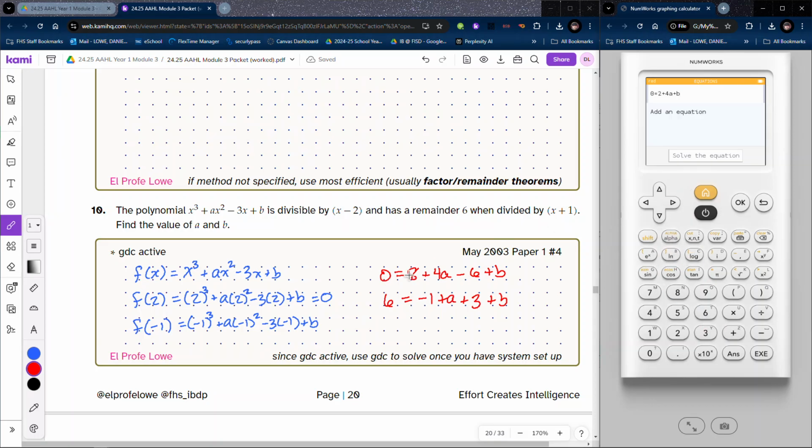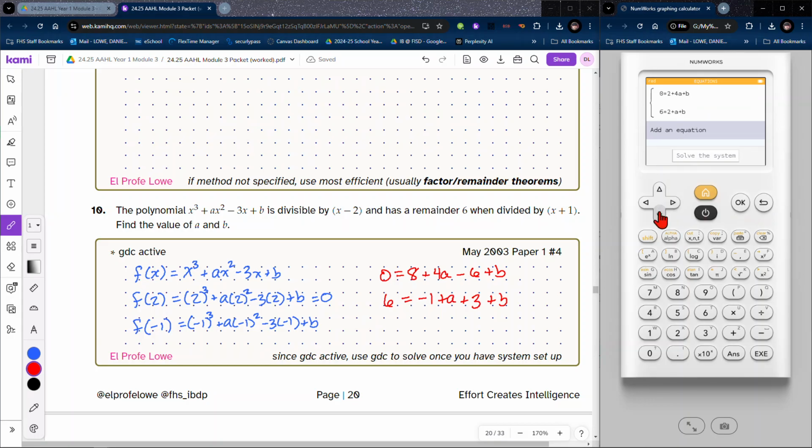So we have our first line, 0 is 2 plus 4a plus b, and for our second equation, we have 6 shift equal, negative 1 plus 3 is 2, so that'll be 2 plus alpha a plus alpha b. So we have our two equations, and we can come down and solve our equations.